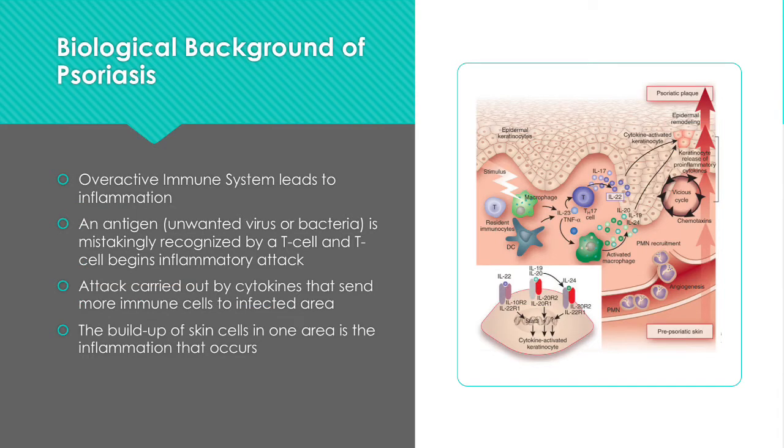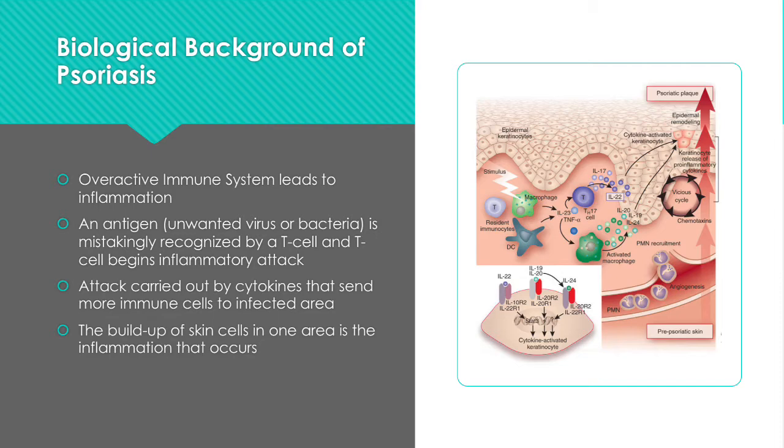Okay, so moving on to the biological background of psoriasis. Since this is an overactive immune system disease, this leads to inflammation on the skin. When this happens, an antigen, which is an unwanted virus or bacteria, is mistakenly recognized by a T cell, and the T cell begins the inflammatory attack.